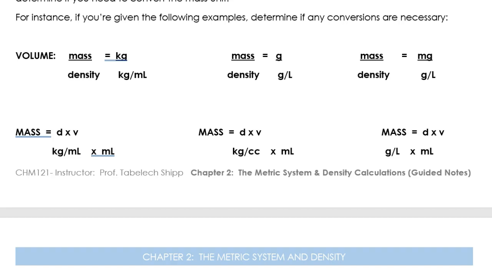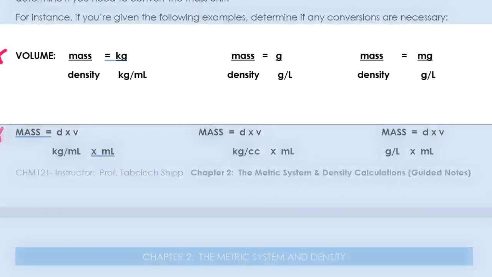Now, in order to determine the correct unit that you're going to work with, you have to consider what units they have already given you. In the examples that I'm going to go through, I am going to show you how simple it is to determine what units are going to be in your final answer. Let's say that we gave you the formula for volume, which is mass over density.